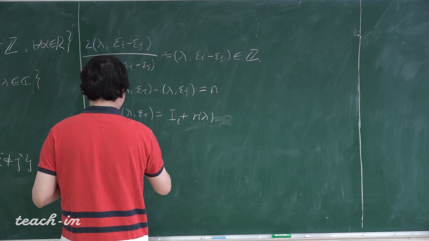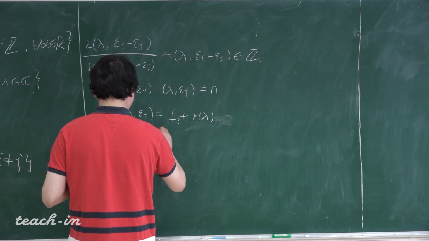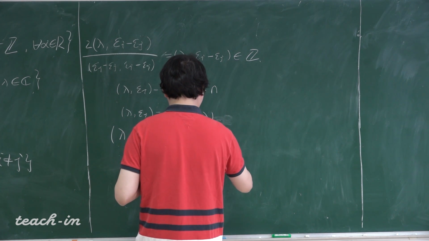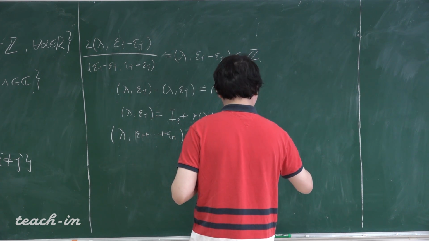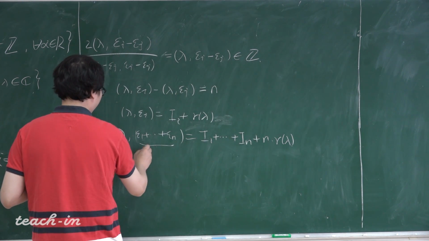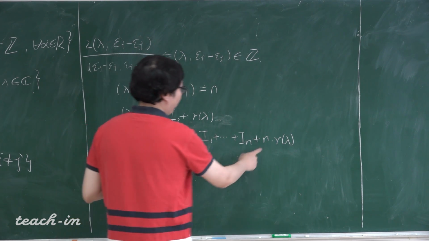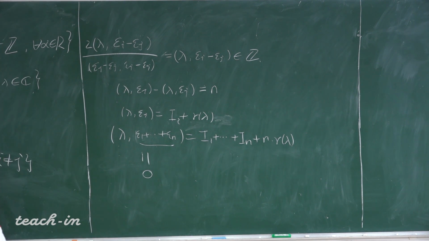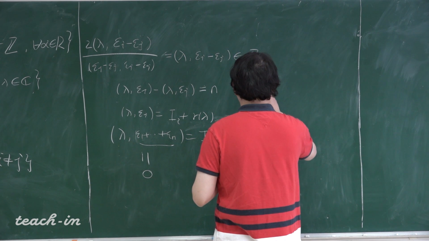It just means this is 0, so this whole thing is 0. And this n doesn't depend on anything. This n is just a little SL.